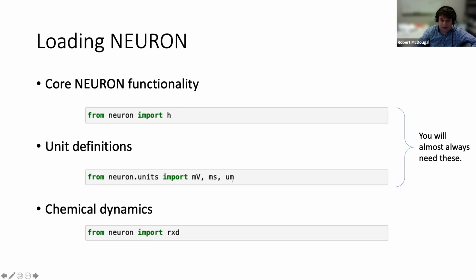If you do, that's a great reason to just grab the units from neuron.units. If there's chemical dynamics going on, there's an RxD submodule. We've already seen the GUI submodule. There's a handful of other things for various purposes, but we'll get to those as they come up.